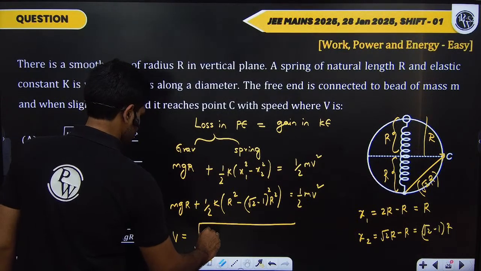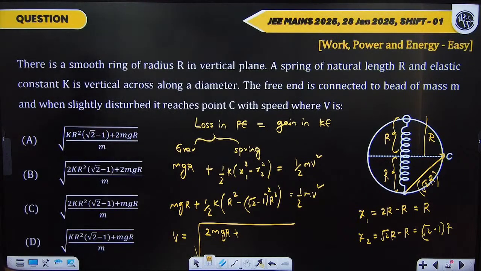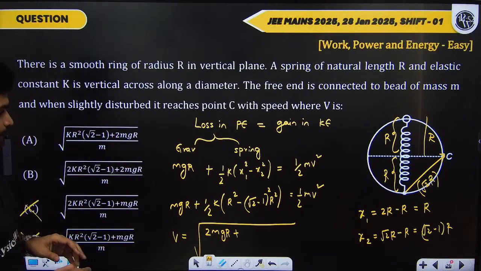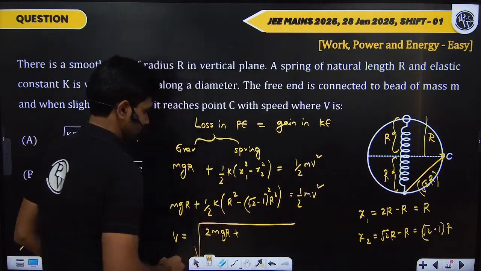Here, as these two options are gone. They don't have 2 mgr, they only have mgr. Head forward. Just check here. 2 and 2 will cancel.